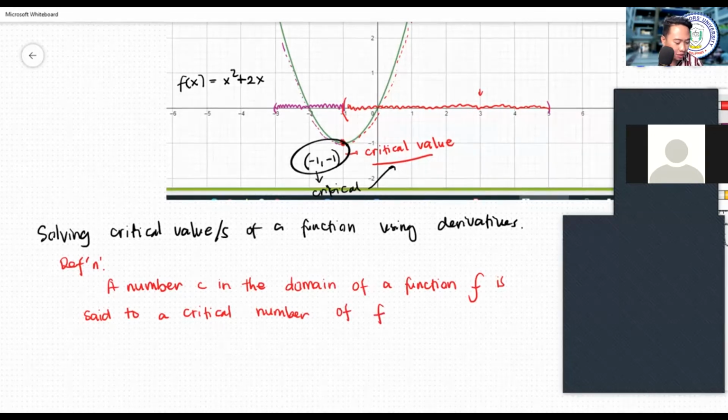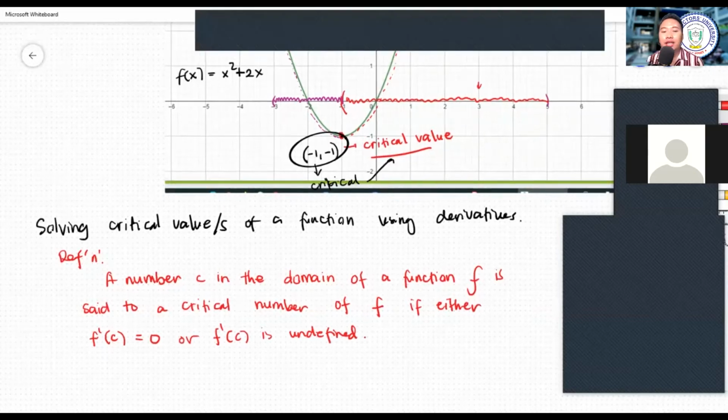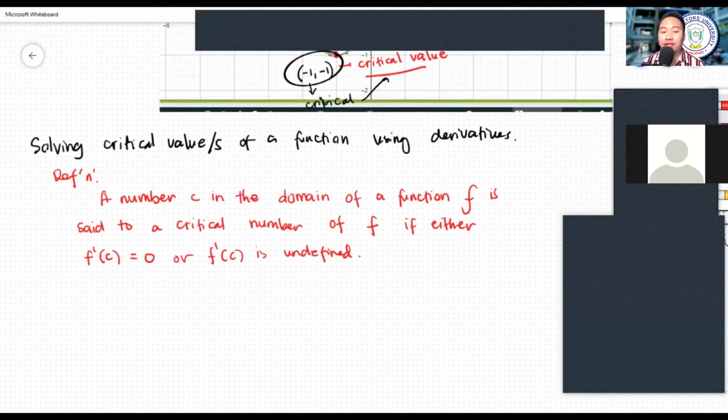So, in other words, that value C, guys, is any number that is coming from the domain. Is undefined. Okay. So here, with this definition that we have, solving the critical values of a function using derivatives.